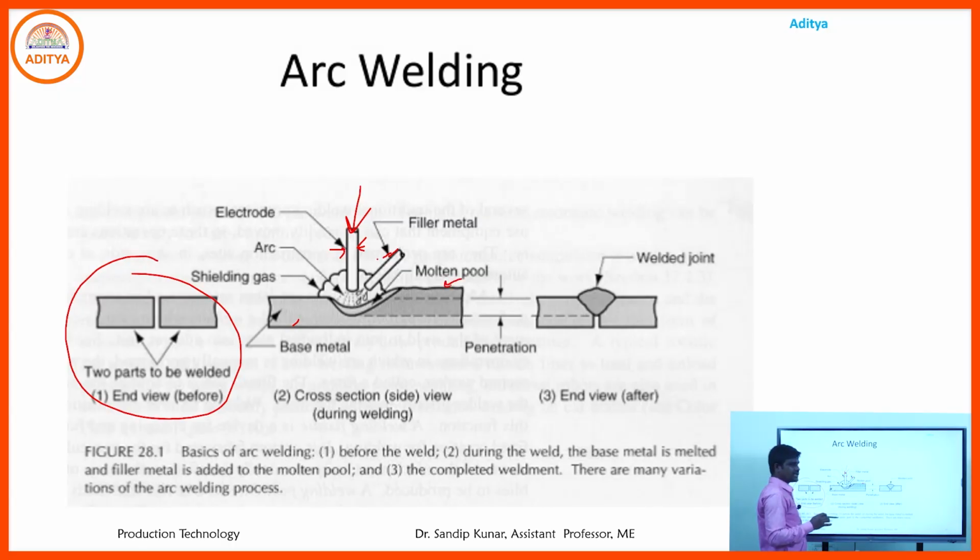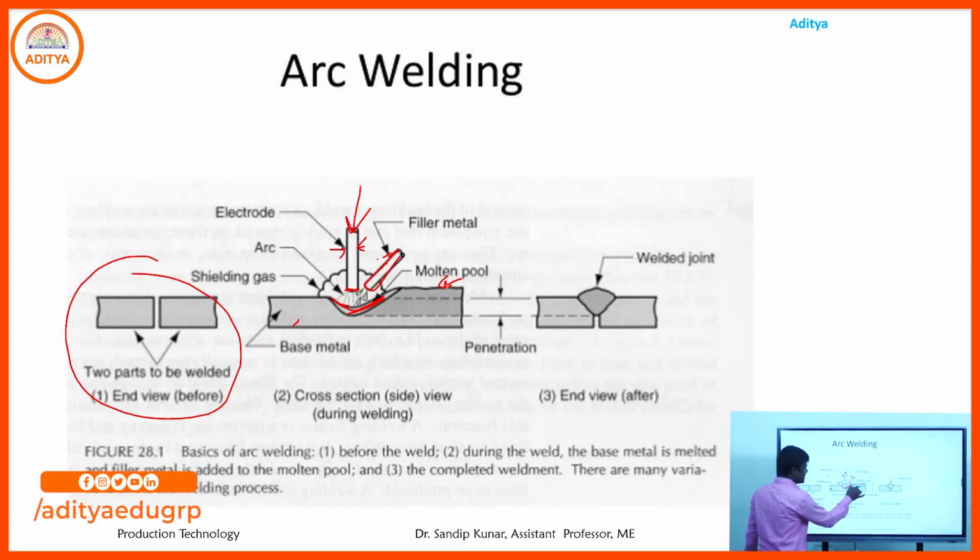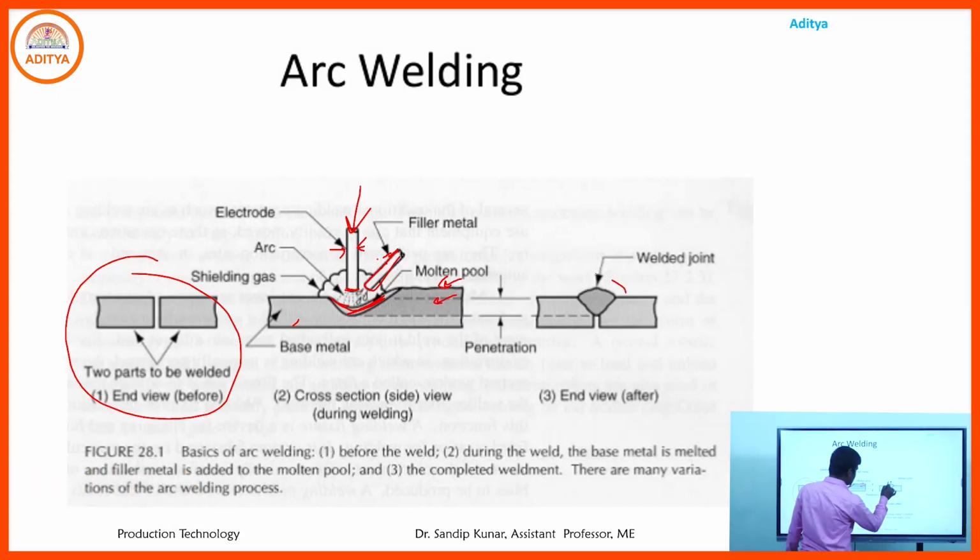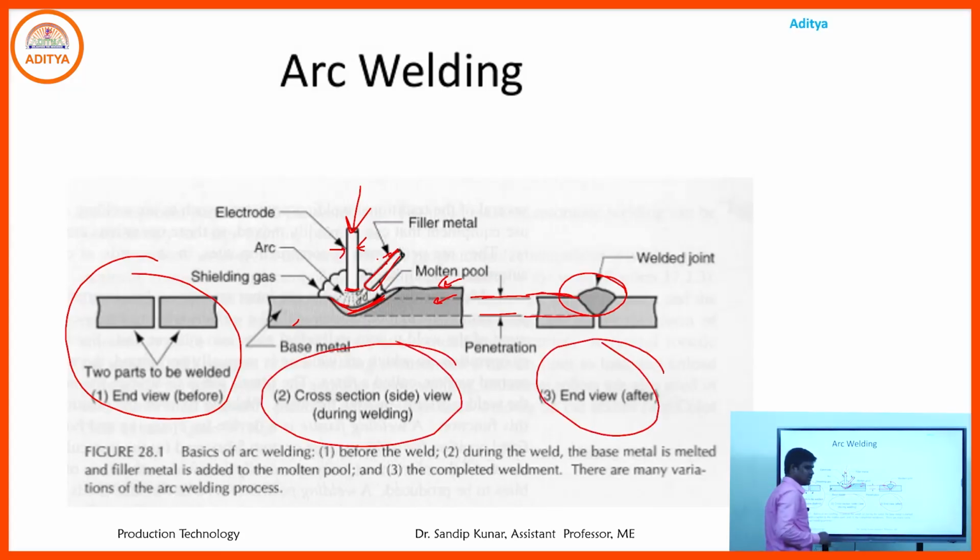That slag skin also protects from oxide formation. That is the melting zone, and that is the arc created between the electrode and the base metal. That is the molten metal, which after some time solidifies, creating the solidified weld surface. After welding, that type of joint is created. That is the penetration depth. That is the end view and the cross-section view during welding.